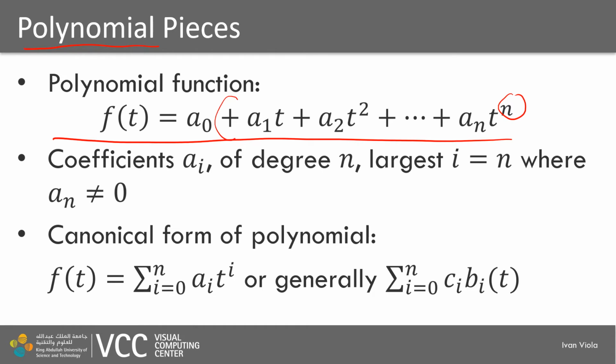As we can see, it is a sum of the polynomial terms into a more compact representation, the so-called canonical form of a polynomial, where we see the sum over various coefficients associated with a polynomial variable, and these are then iterated with the iterator from 0 to n. So t powered by 0 will be, of course, 1, and it will be corresponding to the a0 coefficient.